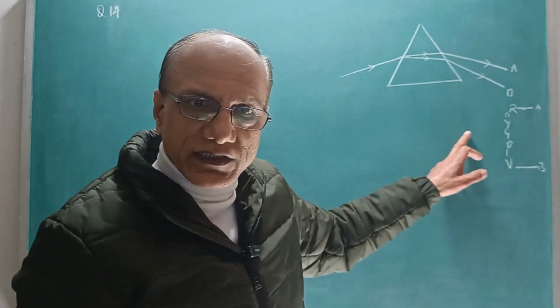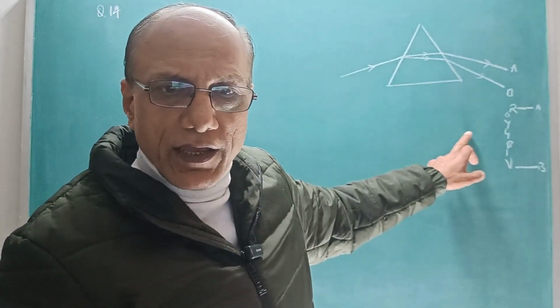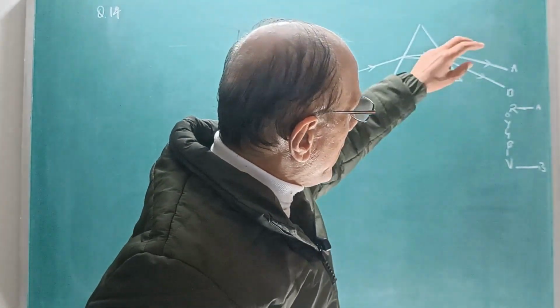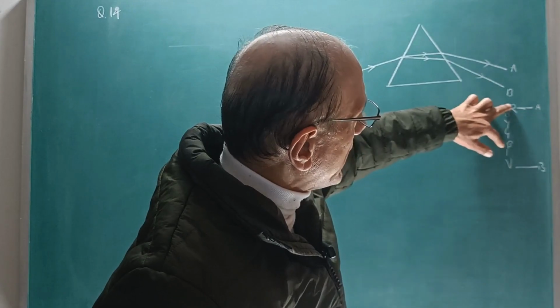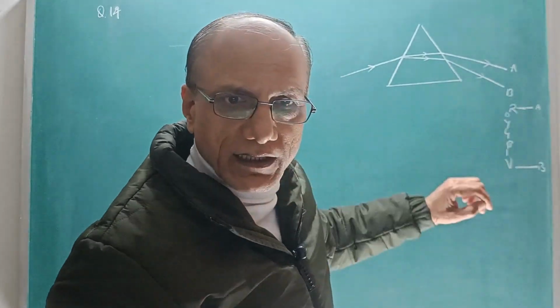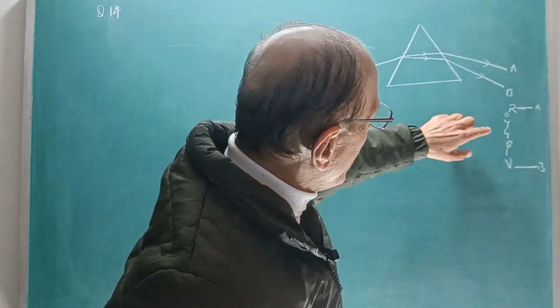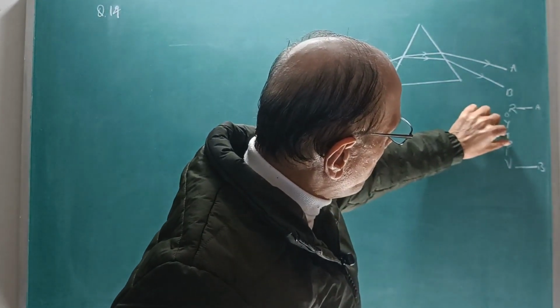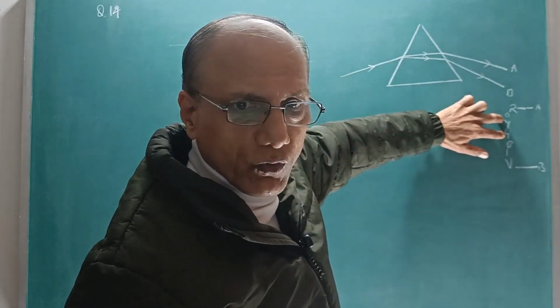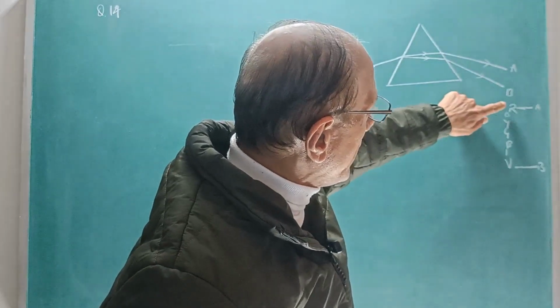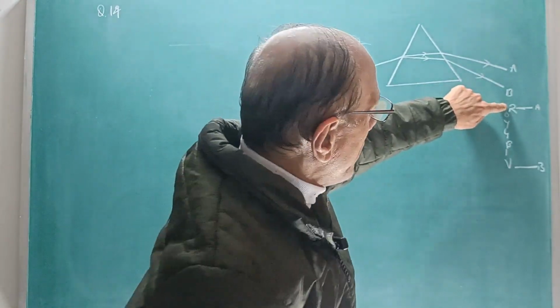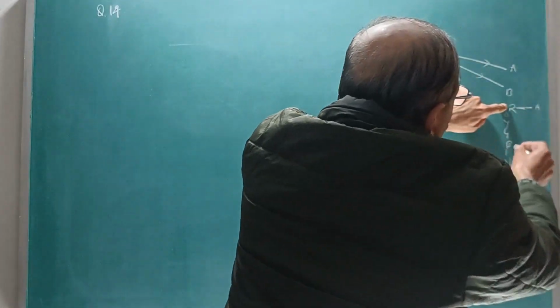The first, option A, is blue and red. A is blue and then red. This cannot be, because red comes first. Then option B is green and yellow. Green is here, and then B should not be here but yellow. So this is also not the correct option. C is red and violet: A is red and B is violet.